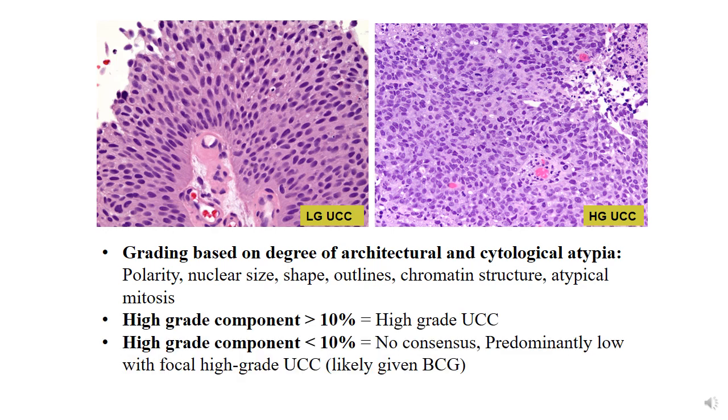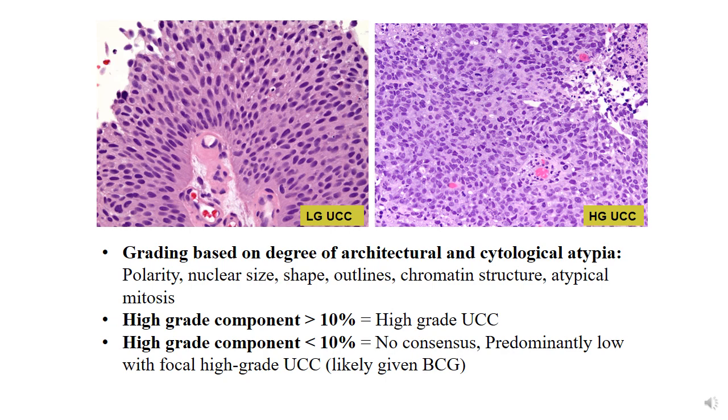It is now consensus that if you have a high grade component that accounts for more than 10% of the tumor, pretty much everybody considers that a high grade urothelial carcinoma for classification purposes. But if the high grade component is less than 10%, there is no clear consensus.